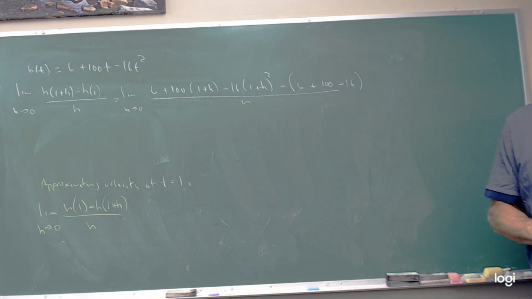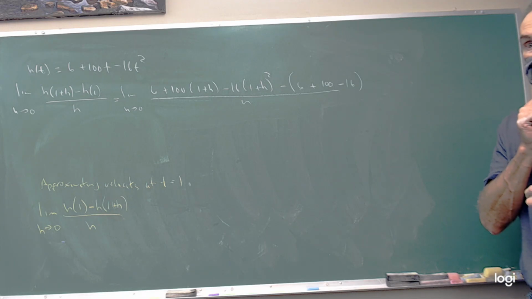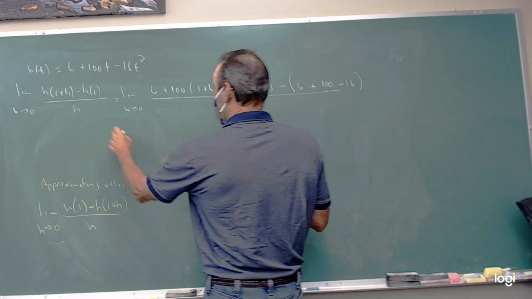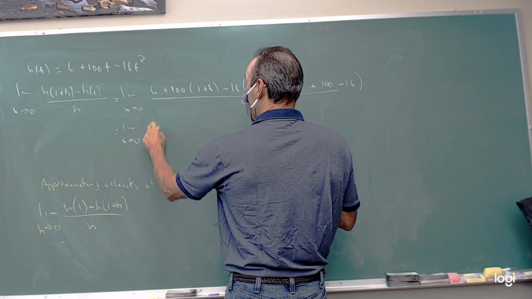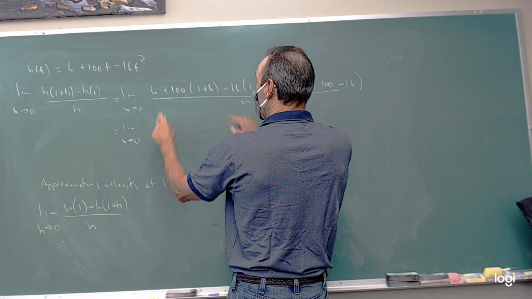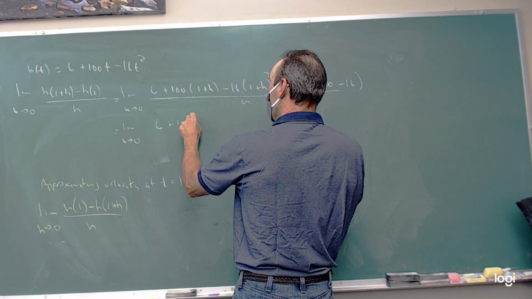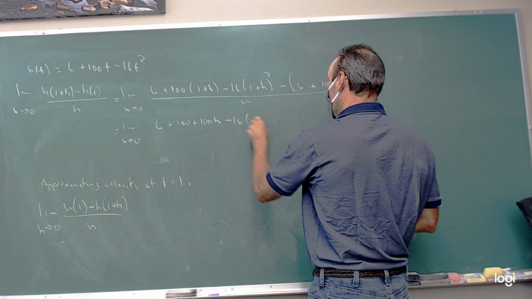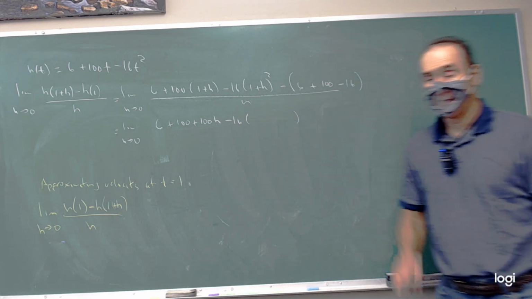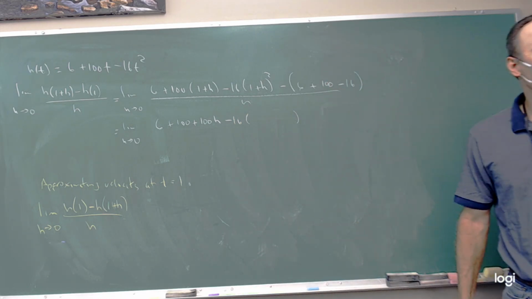You okay? We've done this before. We know that everything that doesn't have an h in it better cancel. Okay, so we have the limit as h goes to 0. We'll distribute that: 6 plus 100h minus 16. Now we're going to square out 1 plus h. Remember we did this all the time.